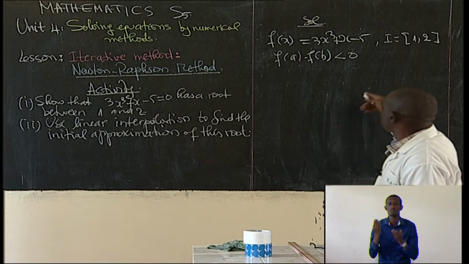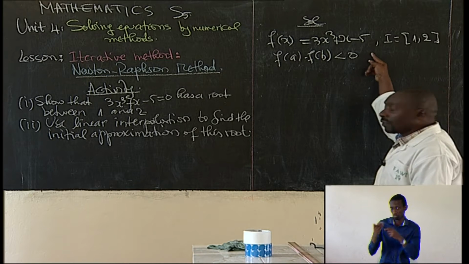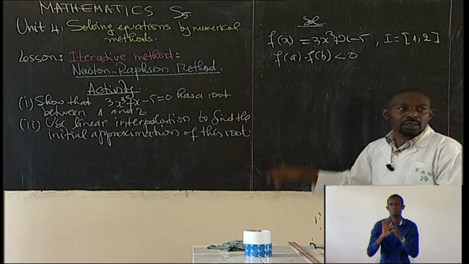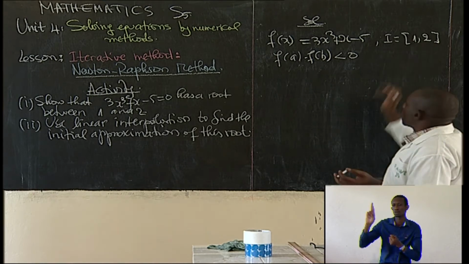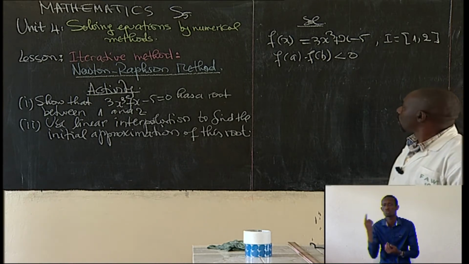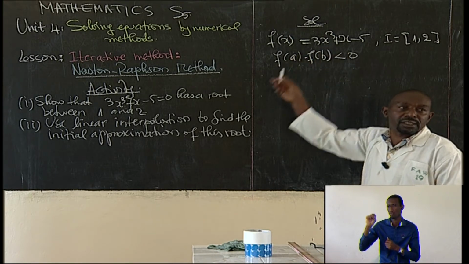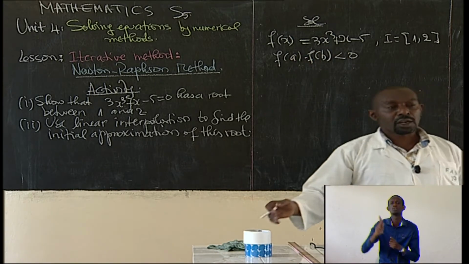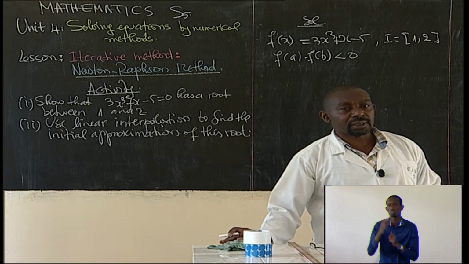And of course, if it's continuous in that interval and changes sign, we have a root in that interval. Our function is a polynomial function, and this kind of function is continuous everywhere in the set of real numbers, isn't it?